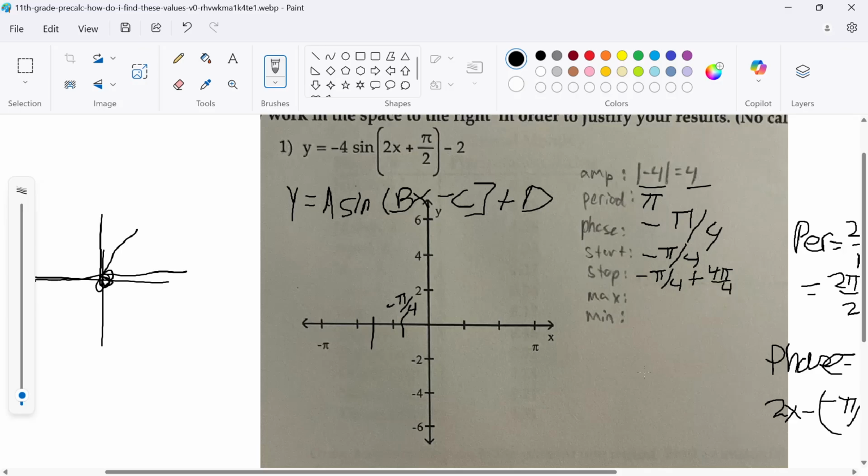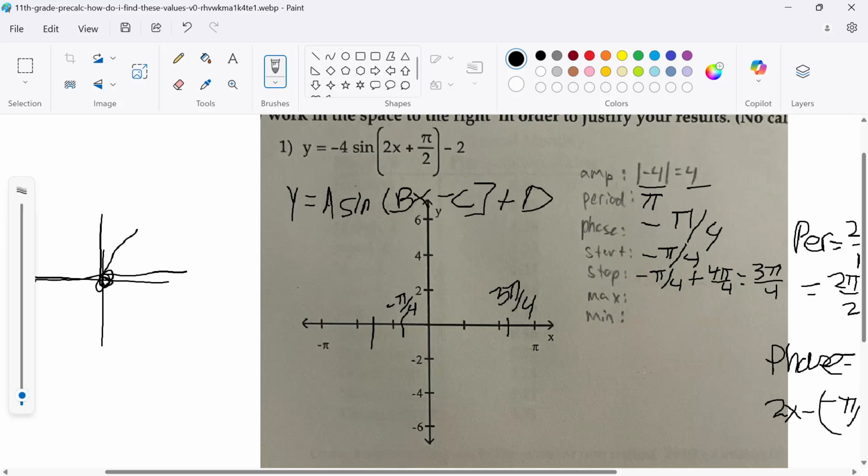That equals 3 pi over 4. So that's the stop. I'll put that in here, 3 pi over 4.